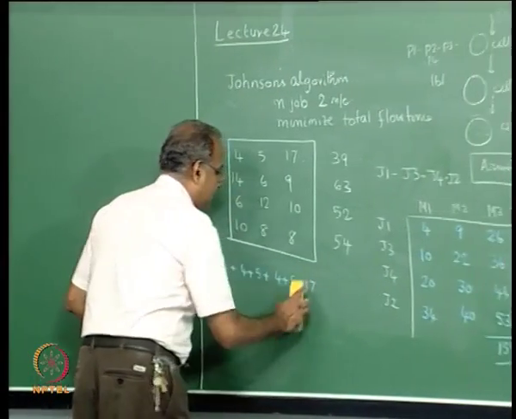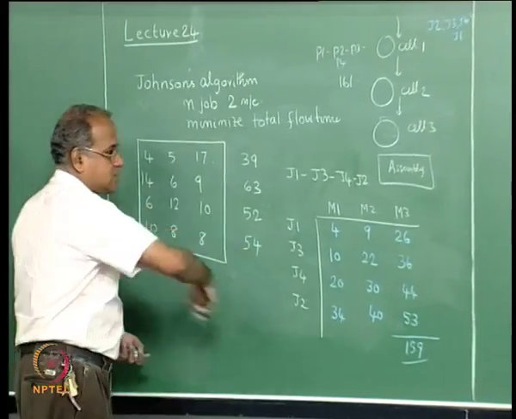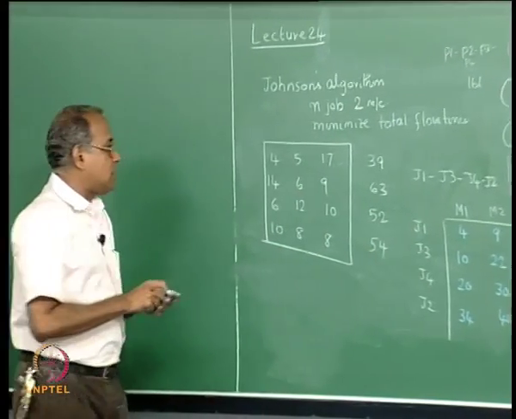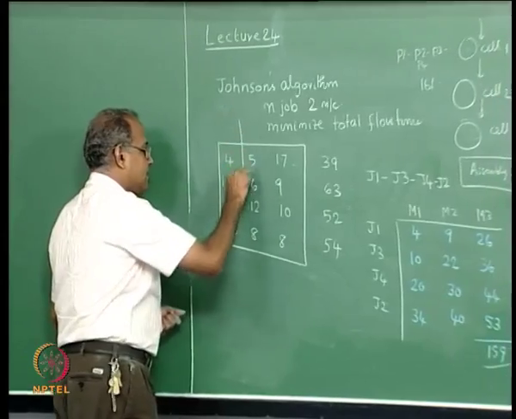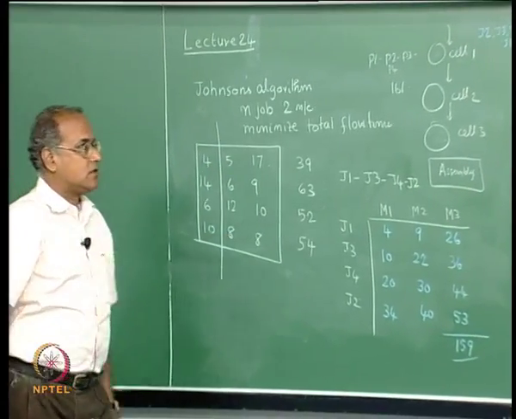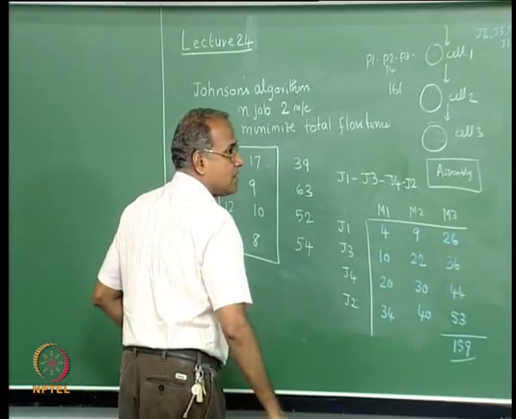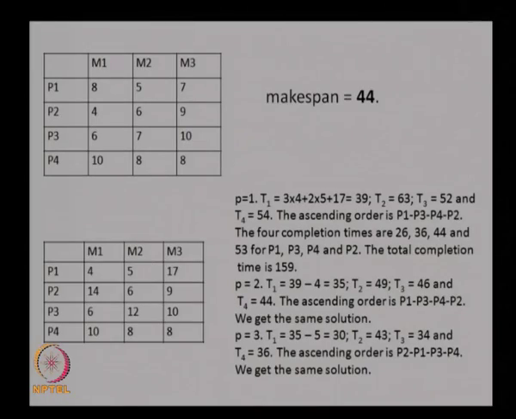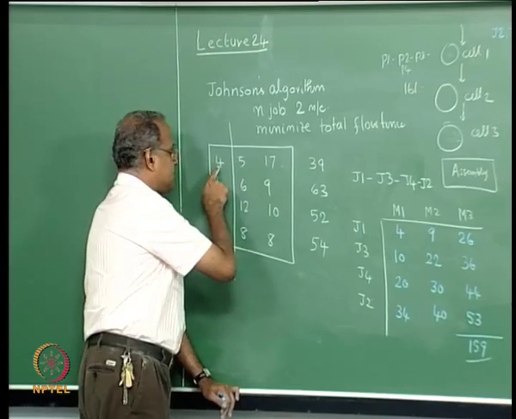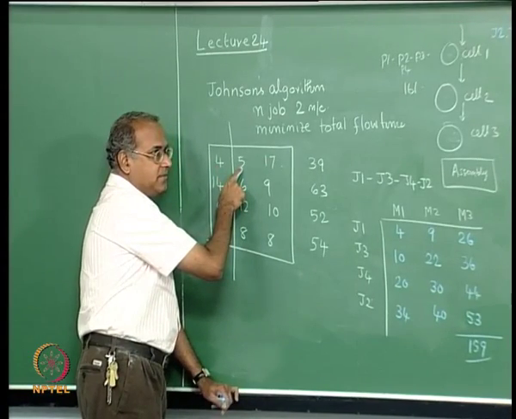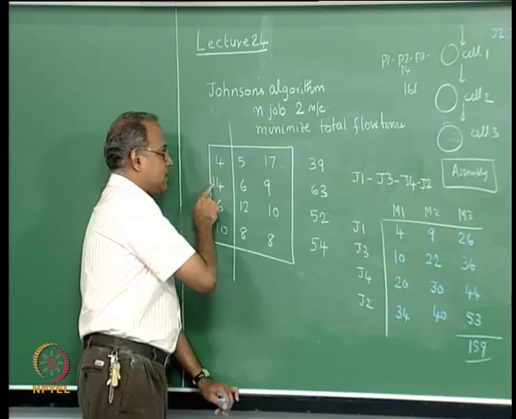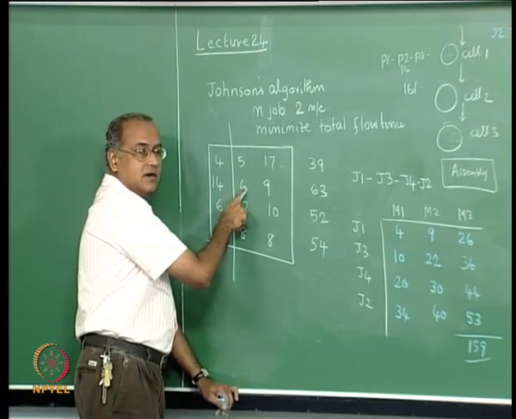The second part of this algorithm, this is one such solution. The next solution will be to look only at this. This is 39 minus 4, which gives us 35, T2 is 63 minus 14, which is 49.